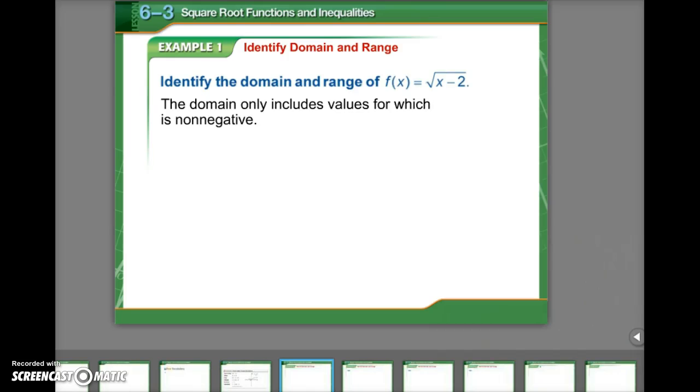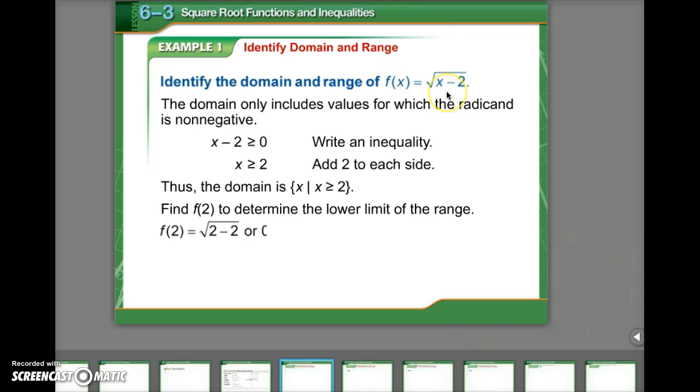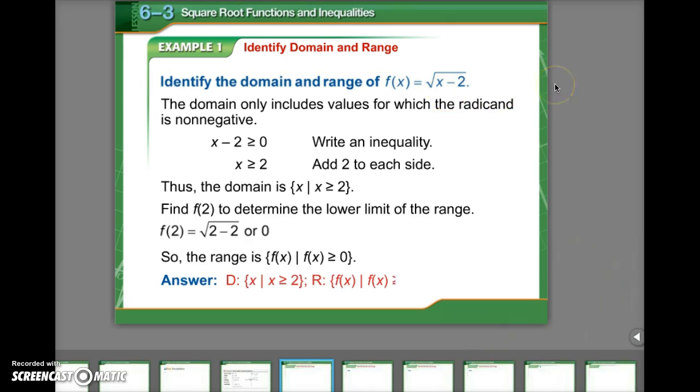So our first example we're going to look at is we're going to practice identifying domain and range. So we need to identify the domain and the range of f of x equals square root of x minus 2. So, as you can see on here, it says the domain only includes values for which the radicand is non-negative.